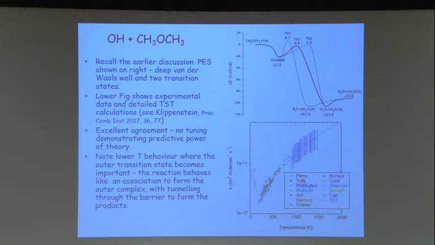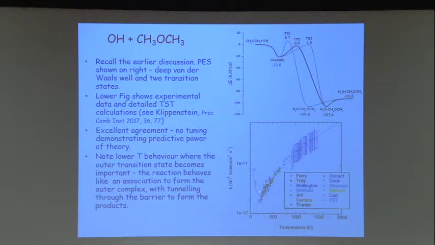So they act only really like one transition state. And so here is the rate constant that you calculate. This was what you'd calculate if you only worried about the inner transition state. And even if you include the outer transition state, it doesn't change very much what's going on over here.